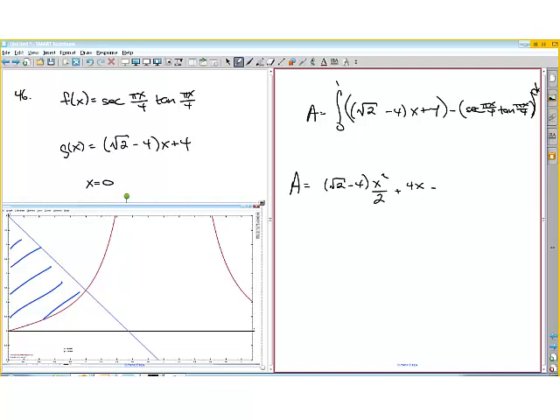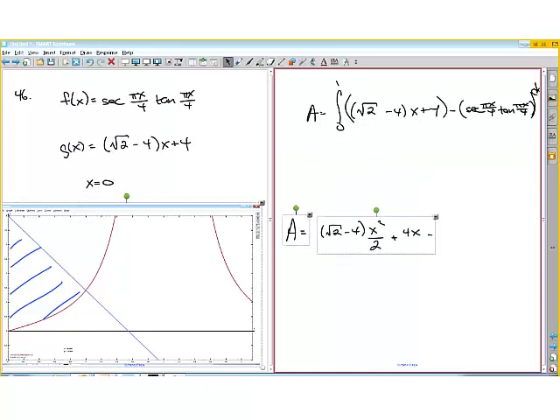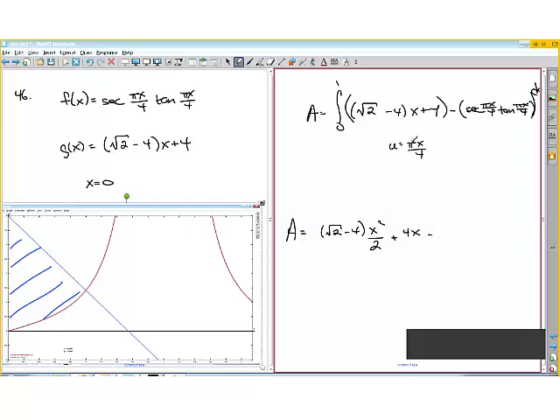minus, well, the integral of the secant tangent, if you go back to page 383, you see the integral of the secant tangent is the secant. So what will end up there is the secant of, well, let's do that separately. Let me just make a little space here, because you have to take into account things. So we'd let u equal pi x over 4, so du would be equal to pi over 4 dx.